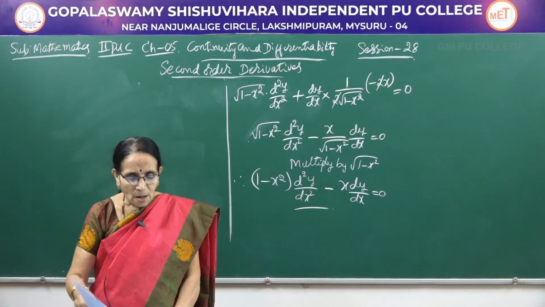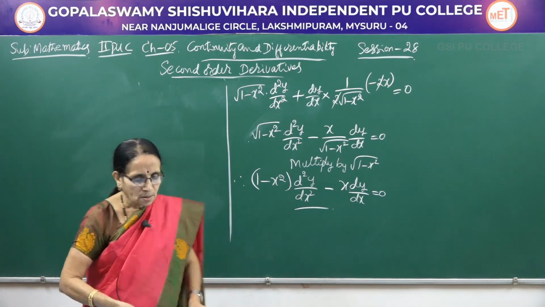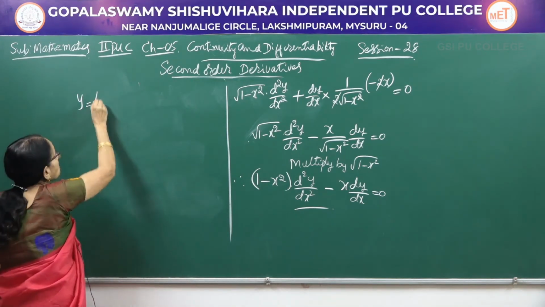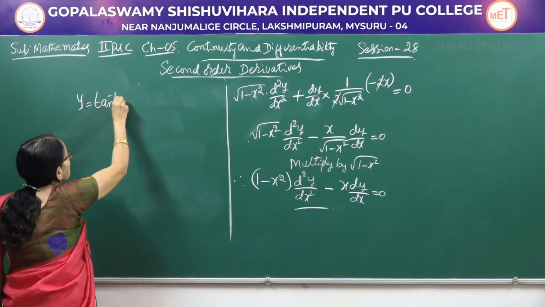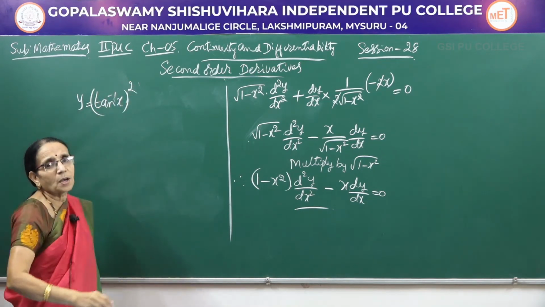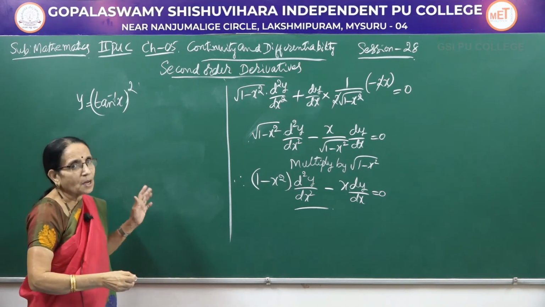There also I am considering another inverse trigonometric function. If y is equal to tan inverse of x the whole square, so I am having a composite function here. In the previous one it was sin inverse x.